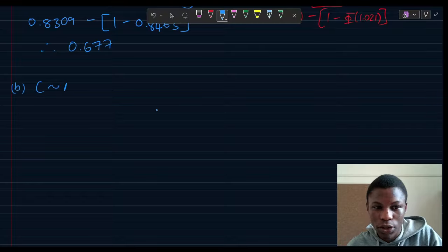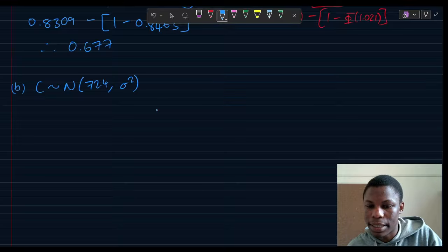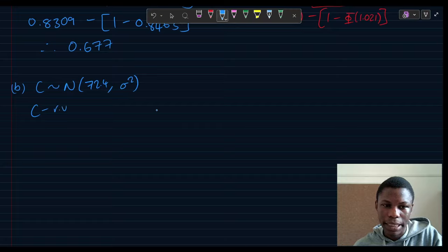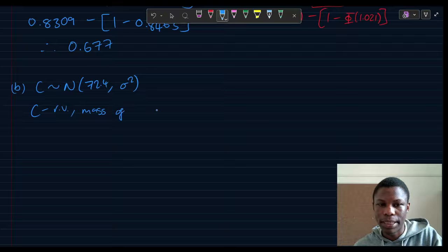C follows a normal distribution with mean 72.4 and standard deviation sigma, so variance is sigma squared. It is known that on 10% of the days, less than 59.1 kgs of cherries are sold. Our random variable C here represents the mass of cherries sold per day.